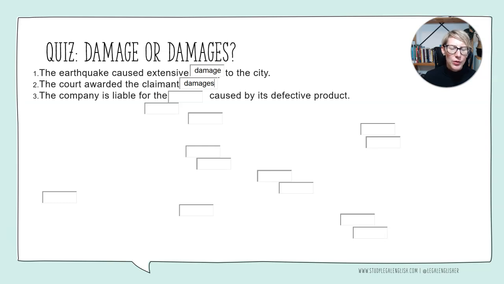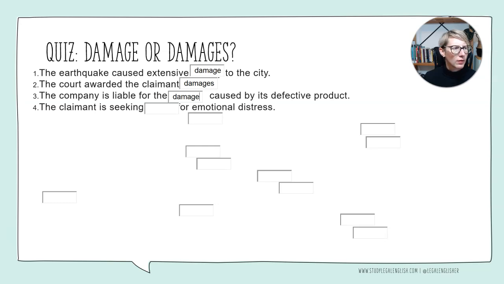But you can cause harm. You can make someone be harmed. So the answer is liable for the damage caused by its defective product. The product, which was faulty, did something bad and it caused a loss. Let's have a look at the next one.